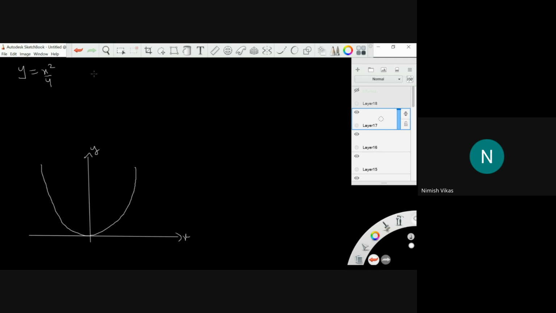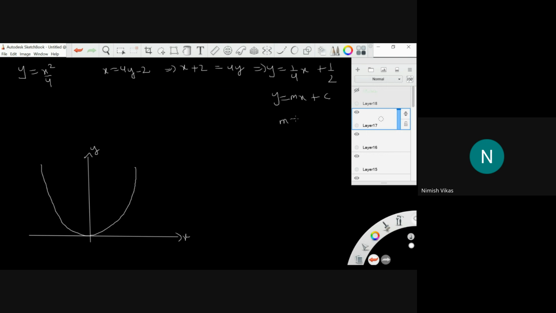Now the straight line is x is equal to 4y minus 2. So this means x plus 2 is equal to 4y, so y is equal to 1 upon 4 into x plus 1 upon 2. This is y is equal to mx plus c.